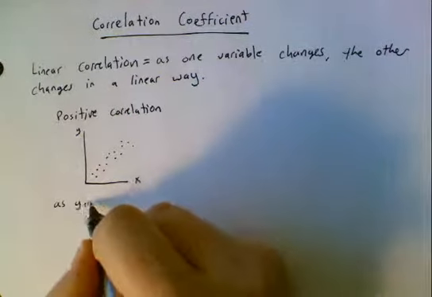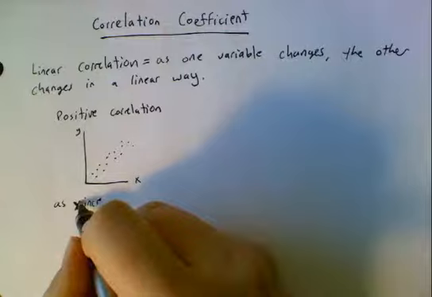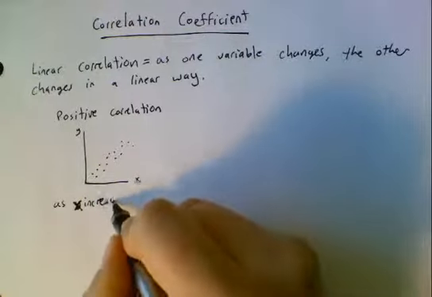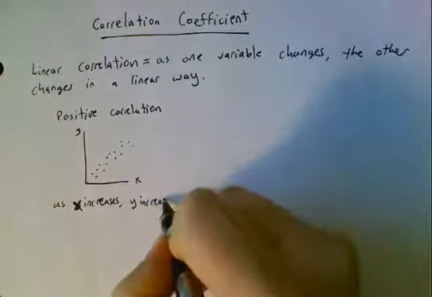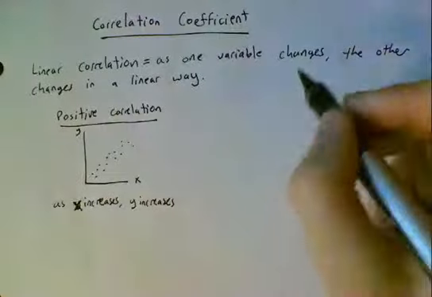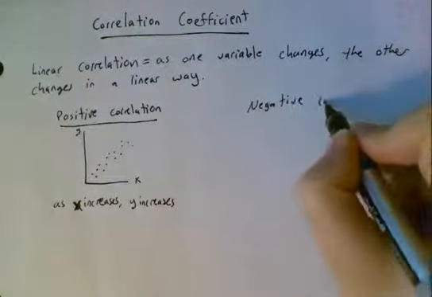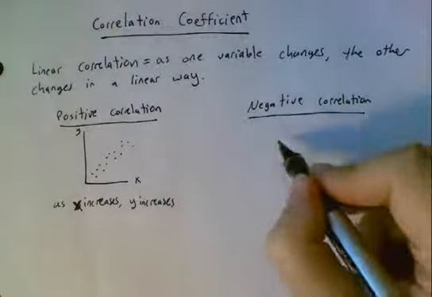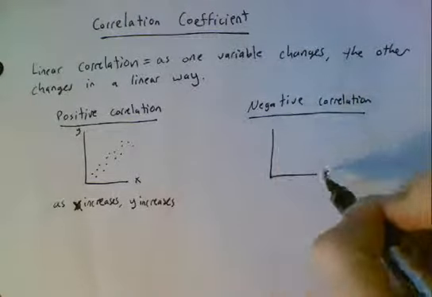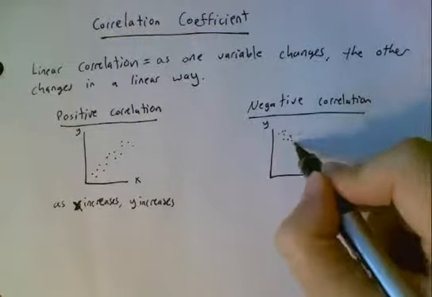As x increases, y increases. Whereas a negative correlation does the opposite. As x increases, y decreases.